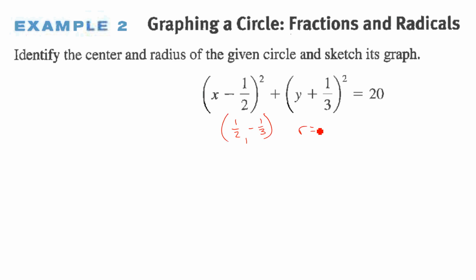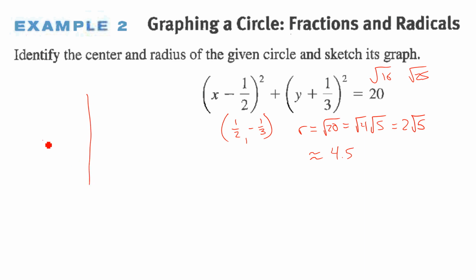And your radius is the square root of 20, which if you broke this down is the square root of 4 times 5, which is 2 rad 5. However, we do know that 20 is somewhere between 16 and 25. So 2 rad 5 is approximately somewhere between 4 and 5. So call it 4.5. We could look it up exactly, but in terms of graphing, we want to graph this.